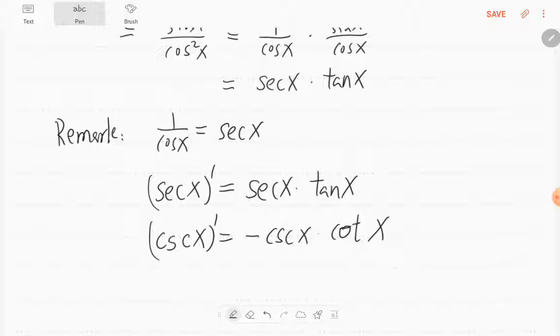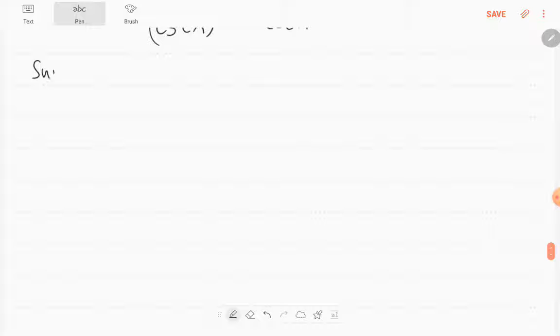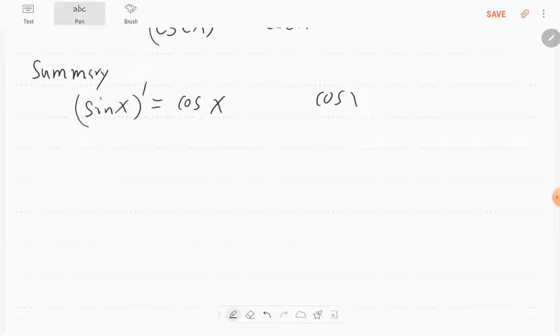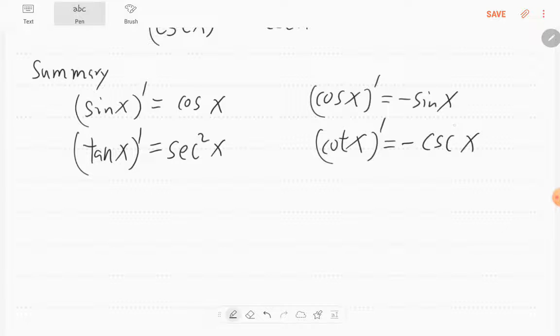Okay, so let's summarize what we have for the derivatives of the trig functions. The derivative of sine equals cosine. The derivative of cosine equals negative sine. The derivative of tangent equals secant square. The derivative of cotangent equals negative cosecant square.